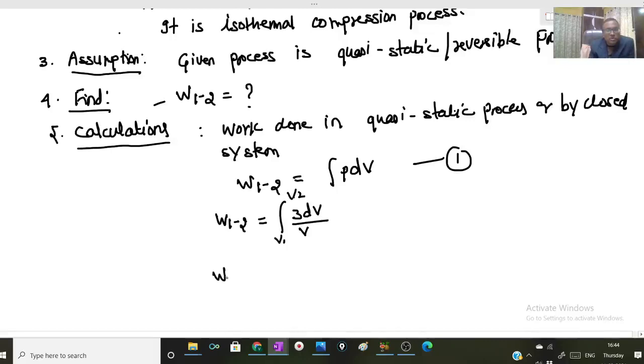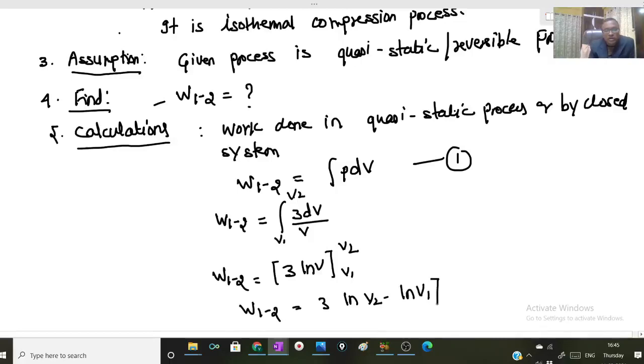So W12 will be 3 log V, V1 to V2, or W1 to 2 is 3 (log V2 minus log V1).